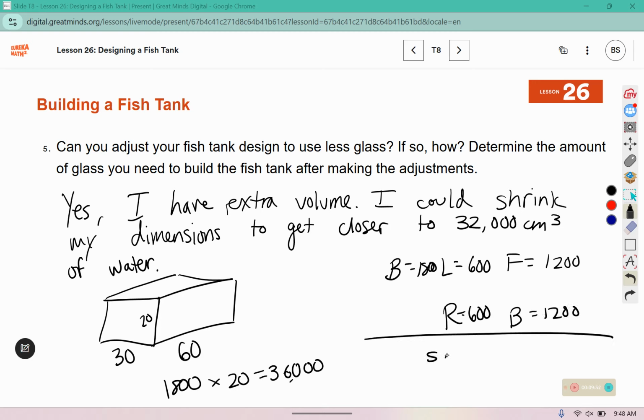So the total surface area now would be that 1,800 plus 600 plus 600 plus 1,200 plus 1,200, or 5,400 centimeters squared of glass. So we were able to shrink our surface area by quite a bit by adjusting the size of our tank.